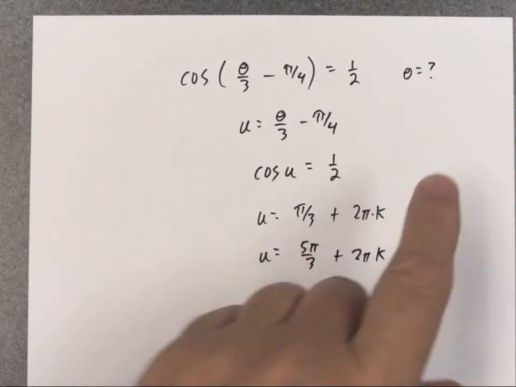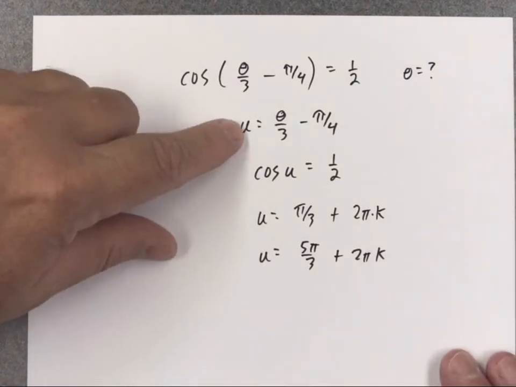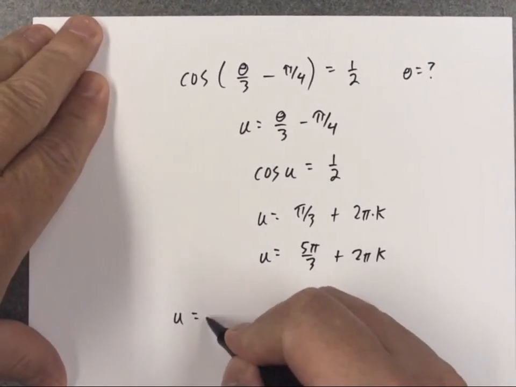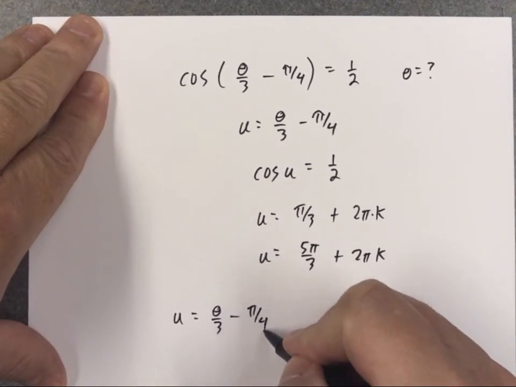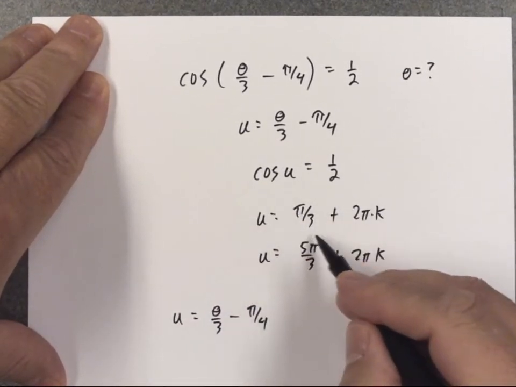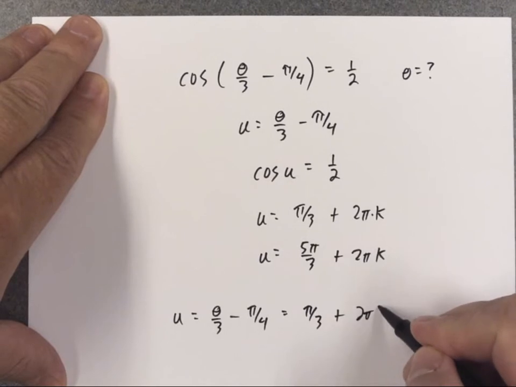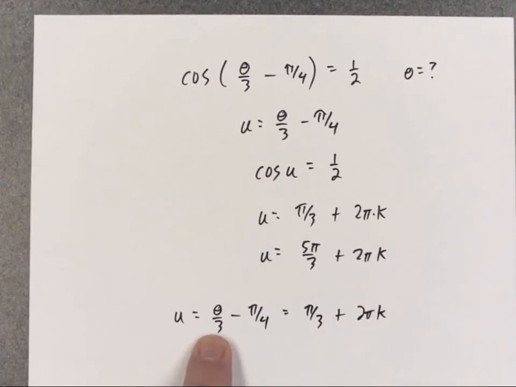So now, let's take my first solution for u. So here's my definition of u. And I'm going to take my first solution for u and write it here. And I'm going to solve this messy thing for theta.